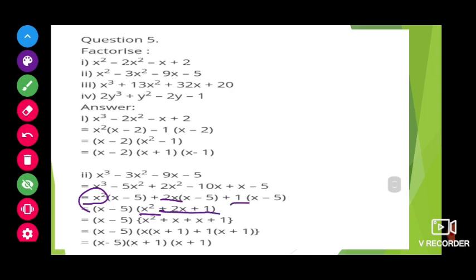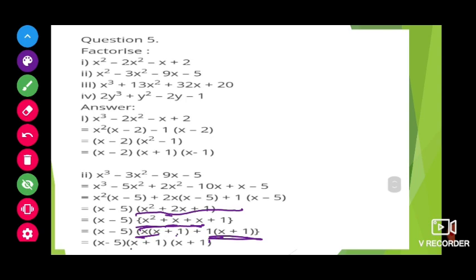Now again this is like a quadratic equation. So how can we do it? By splitting the middle term. x square plus 1 we get, and plus 2x we can write as x and x, plus 1. Now from these two, x is common, and from these two we can write only plus 1, x plus 1.